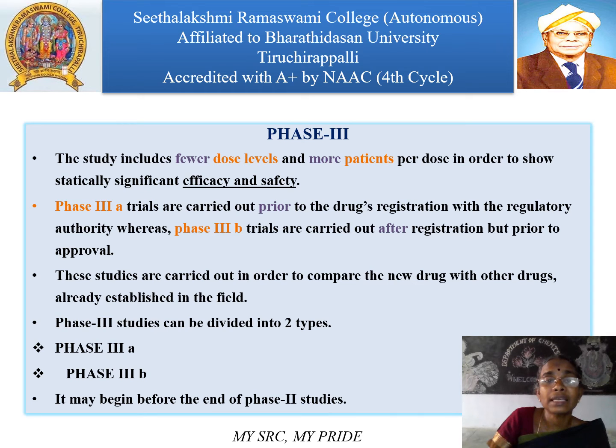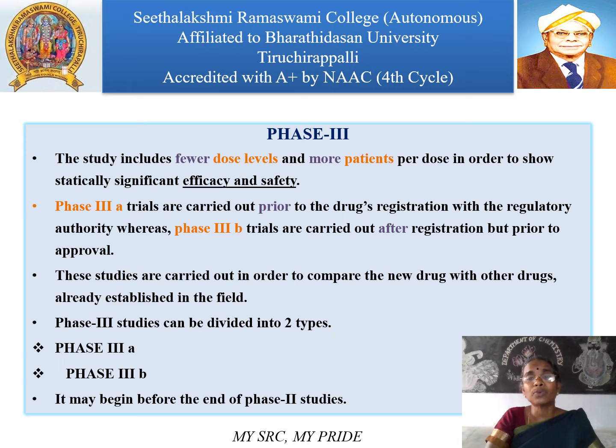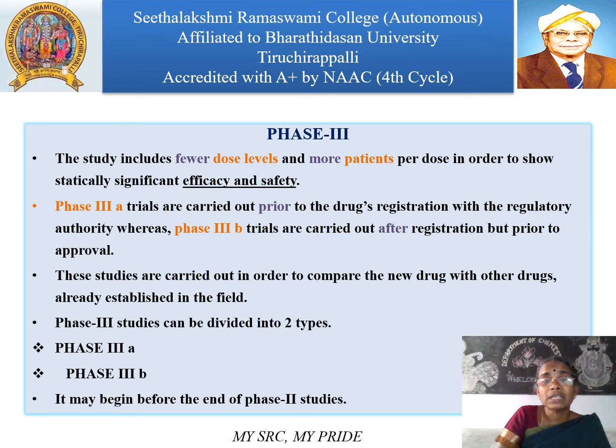Phase 3A trials are carried out prior to the drug's registration with the regulatory authority, whereas Phase 3B trials are carried out after registration but prior to approval. These studies are carried out in order to compare a new drug with other drugs already established in the field.